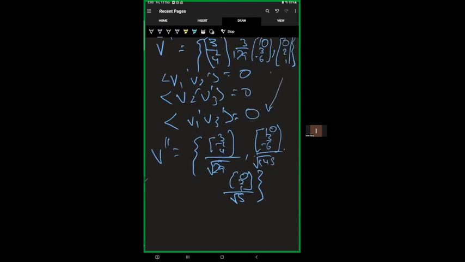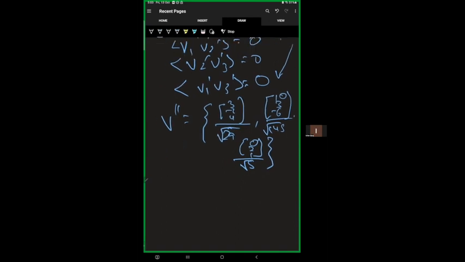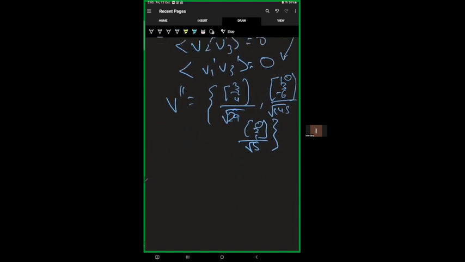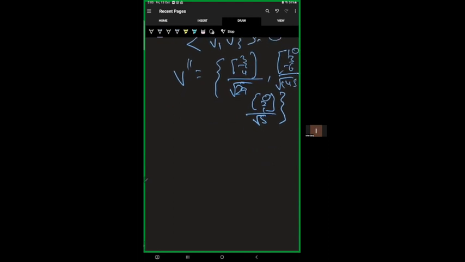So if the dot product is 0, it is preserved as 0 itself, and by dividing by their norms, they also have a norm of 1. Okay. This was the numerical Gram-Schmidt orthogonalization and orthonormalization.